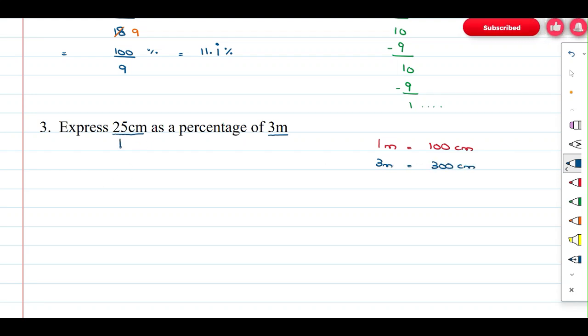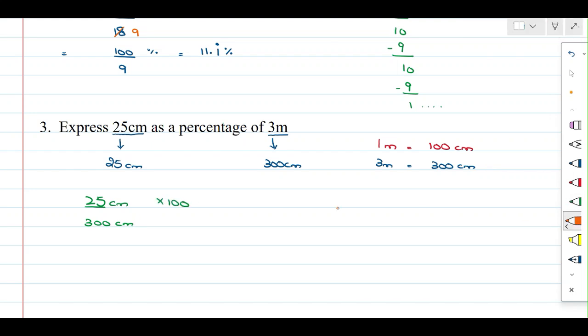This is already in centimeters, which is 25 centimeters. Now let me simplify. Express 25 centimeters as a percentage of 300 centimeters. So times 100. Cancel the like units, centimeters with centimeters, double zeros with the double zeros. So this is 25 over 3.